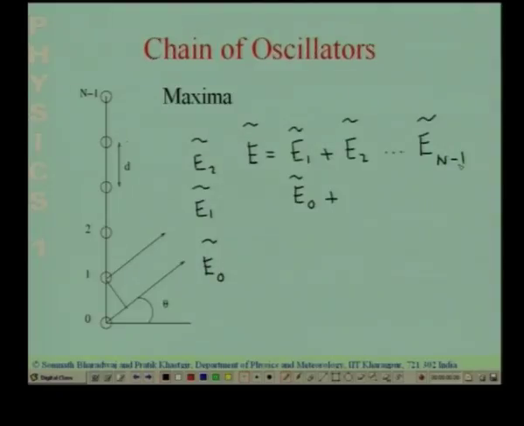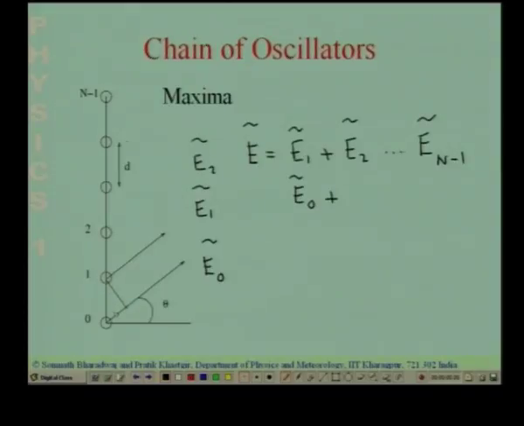Now, each of these oscillators is oscillating at the same phase. So, they are emitting the radiation at the same phase, but the radiation will not be received at the same phase. This is because there is a path difference between the radiations from any two oscillators. So, let us look at E0 and E1. The radiation from E0 has to travel a slightly longer distance than the radiation from E1.